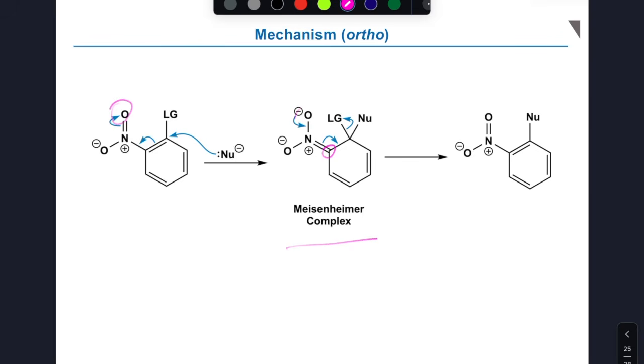But once again, if you focus right here, this addition along this path looks very much like the addition we had in the last chapter for Michael addition, where we have a nucleophile adding to the double bond over and up. It's the same kind of pattern that you're seeing here, and this down here is just an extended version of that same type of system.